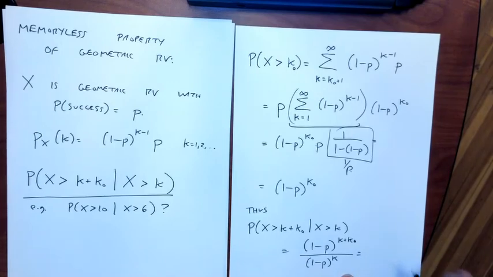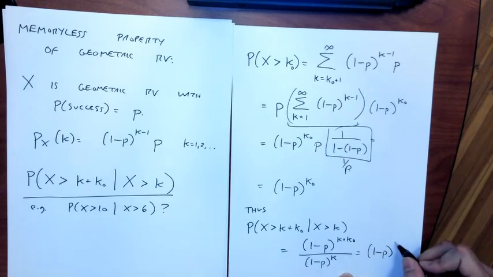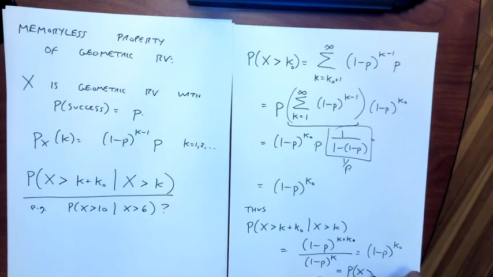These 1 minus p's are going to cancel out, and I'm going to get (1 minus p) to the k0, which is the same thing I would have gotten if I asked for the probability that I was greater than k0 in the first place.